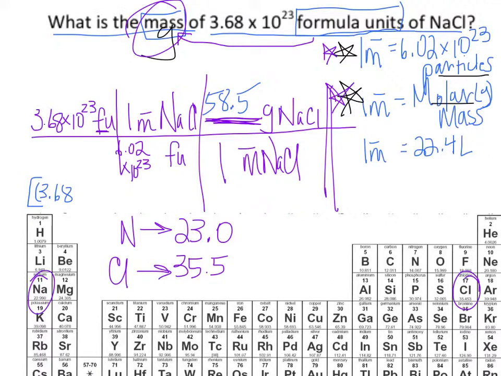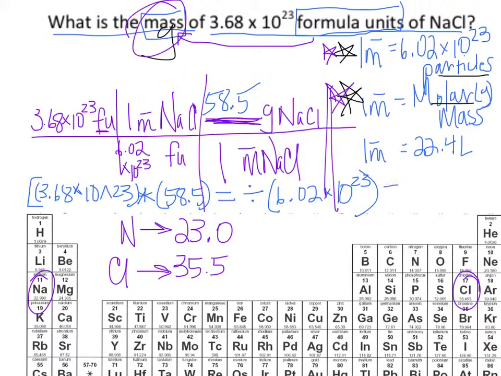So I would do 3.68 times 10 caret 23, end of parentheses, times, parentheses, 58.5, end of parentheses, then hit equals, then do divided by, and then put your 6.02 times 10 to the 23rd in parentheses, and then hit equals.